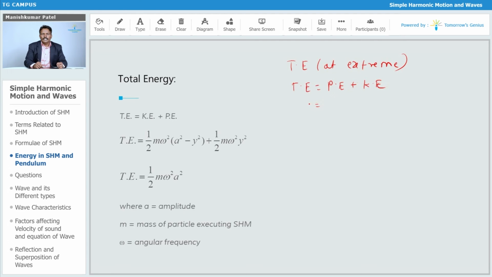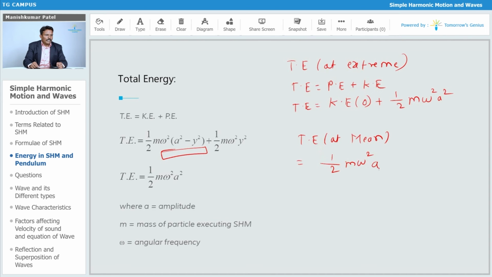At the extreme position, y is equal to a, so the kinetic energy becomes 0 plus, obviously, the potential energy, which is half m omega square a square. So this is the total energy at the extreme. The total energy at the mean position, where y is equal to 0, is again the same, half m omega square a square.